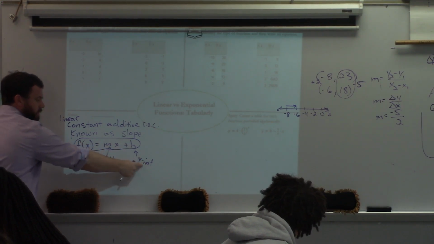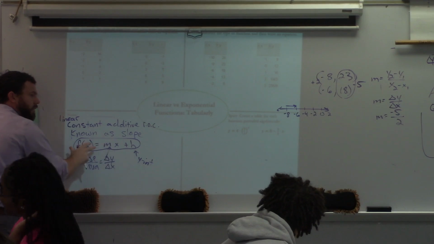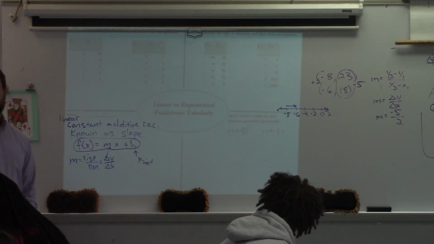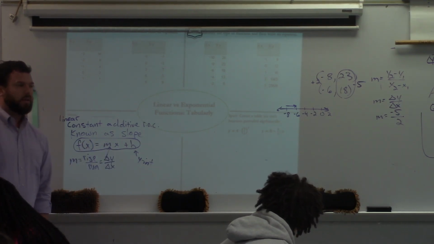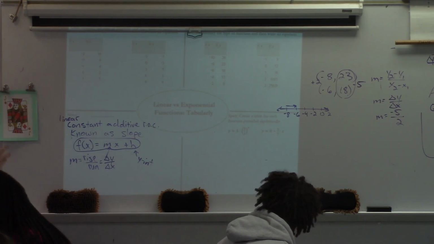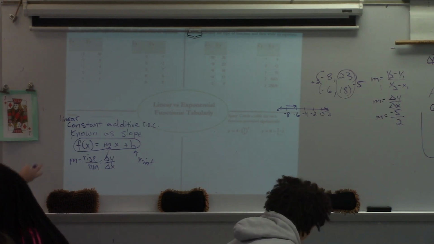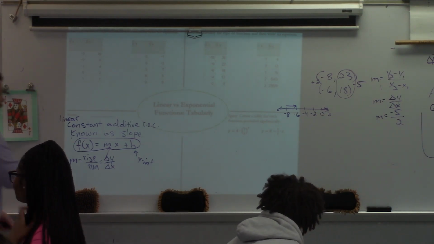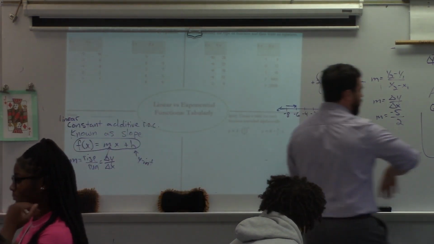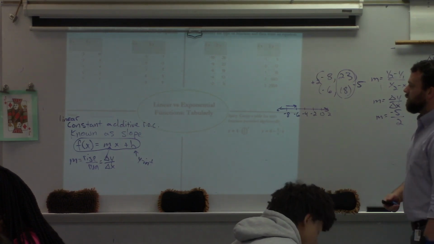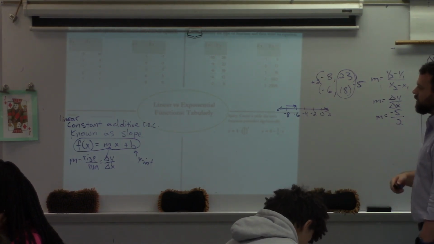B is the y-intercept. So what is this entire equation? Slope-intercept form of a line, okay? We need to understand that idea. Constant additive rate of change known as slope. And a lot of this information can go on the graph as well, especially that equation.